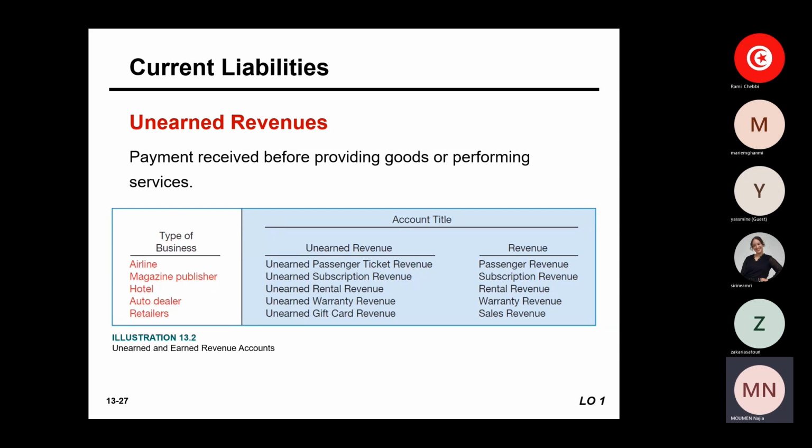So you receive an annual subscription from the customers, and you will be sending, for example, a monthly magazine volume. So the money that you collected in advance of sending this magazine should be reported as unearned revenue, and as a current liability.